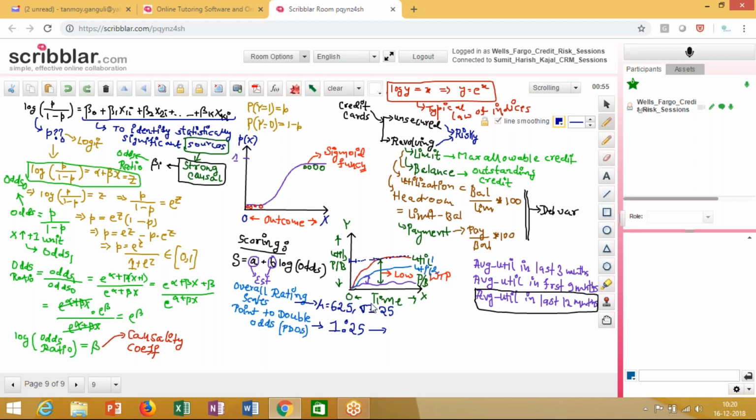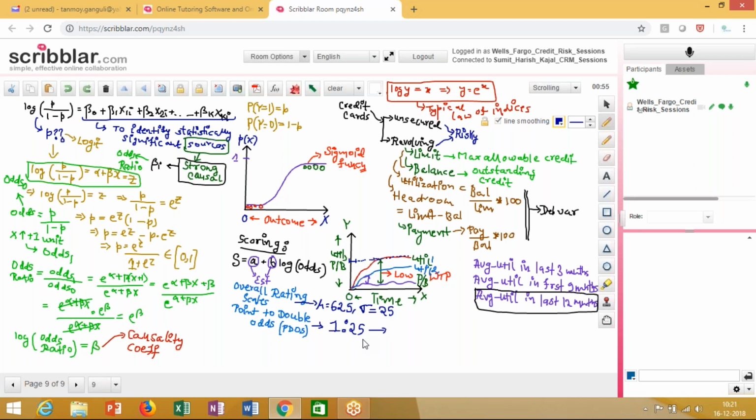From here we get one equation, and from here we get another: if the average score was 625, then at 650 the odds get doubled, so it's log 2 odds. From there I get another equation. So now I have two equations in two unknowns, which I solve to get A and B, right? This is how the scoring equation is actually done.